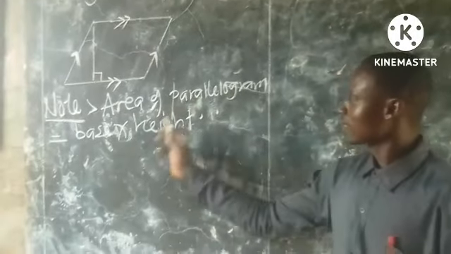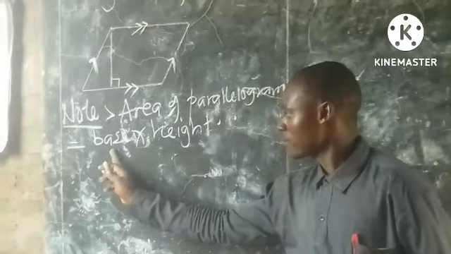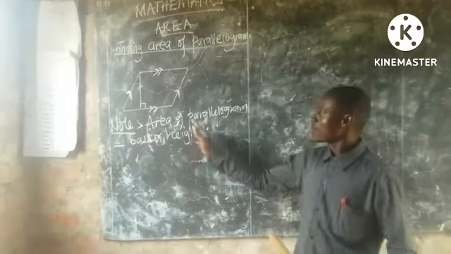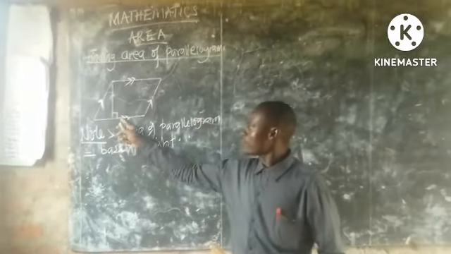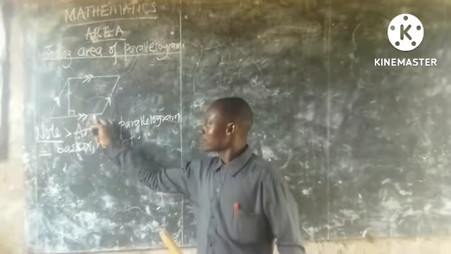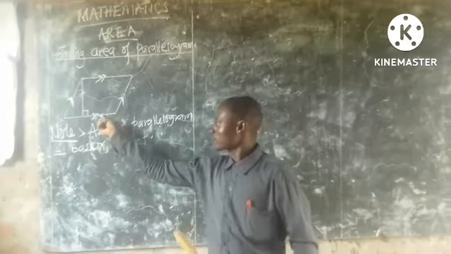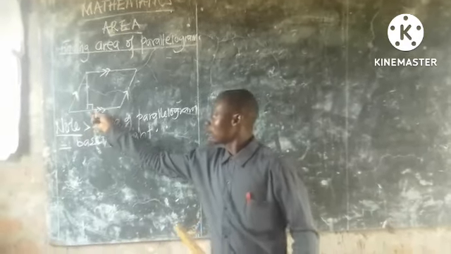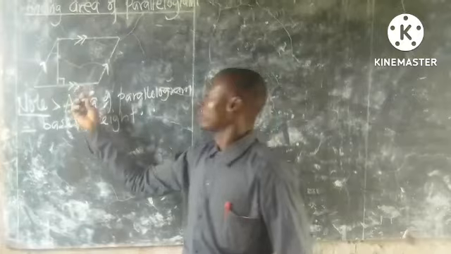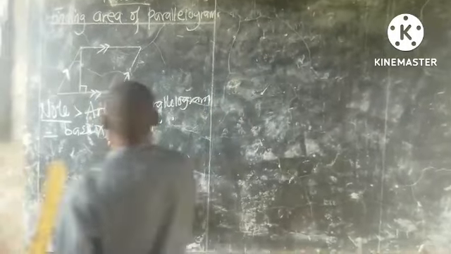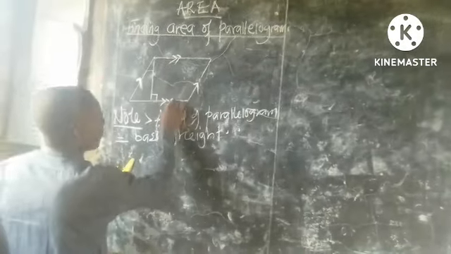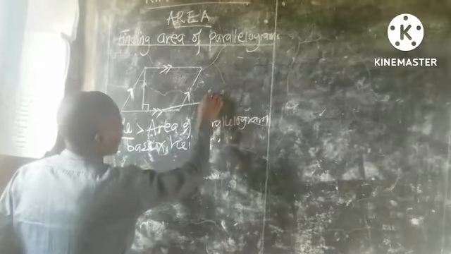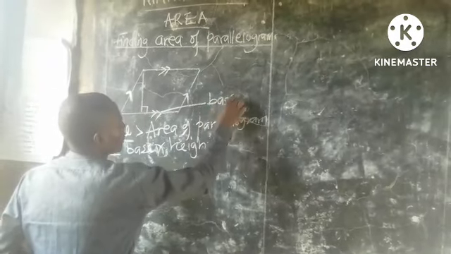It is given as base times height, whereby this is the base of the parallelogram that we are talking of. This is the base, and we name this length as the base.